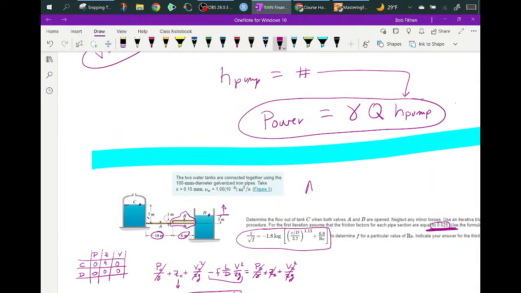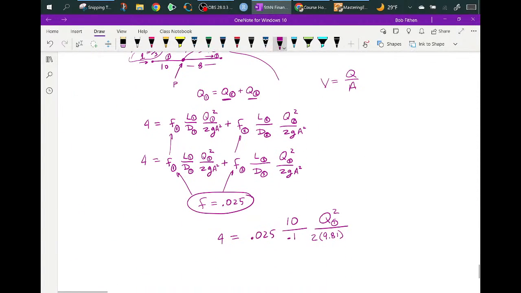The area is pi 0.1 squared over 4, which is 0.00785, or I can just leave it as pi 0.1 squared over 4.